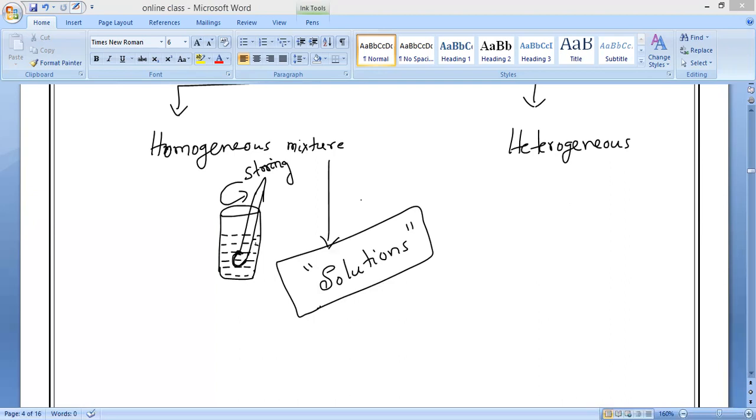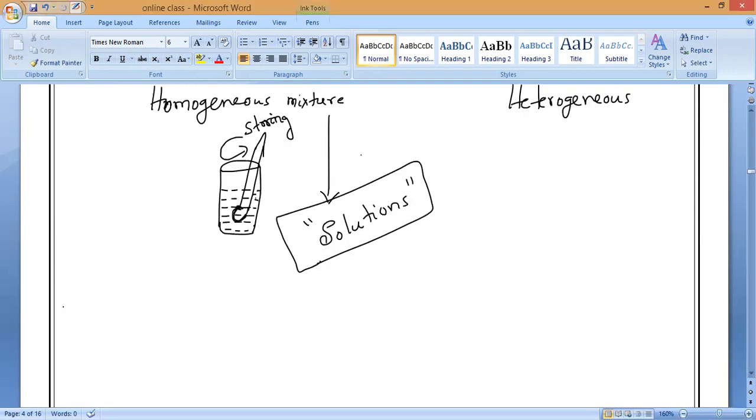Those mixtures in which, learn the definition properly. Mr. Johan and Harini, have you done the experiment? Yes, sir.